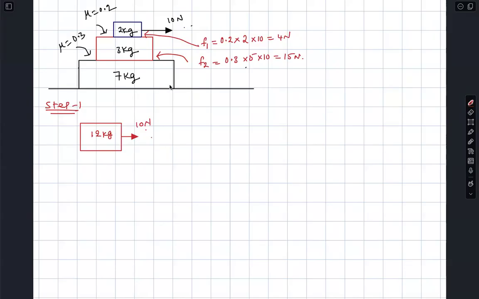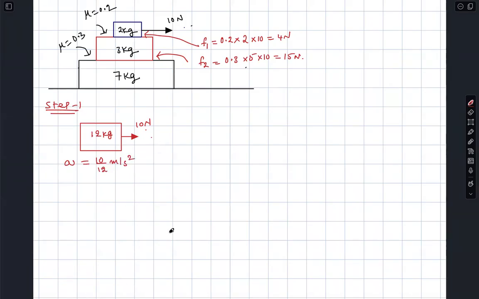No, smooth. So therefore, this is the only external force. Why am I not considering the forces of friction between 2 and 3 and 3 and 7? They are internal forces, action and reaction get cancelled. So the acceleration of the system is going to be 10 by 12 meter per second square. That is the first step.